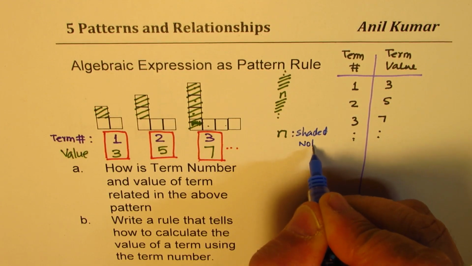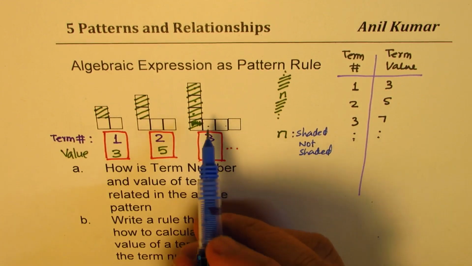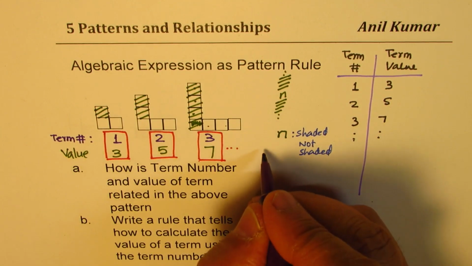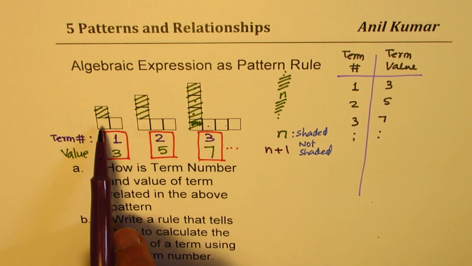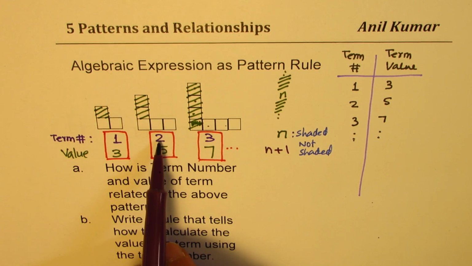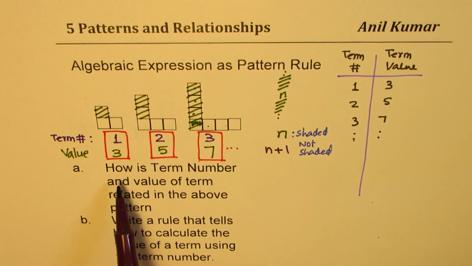And not shaded is how many? If you relate with this number, it is 1 more. So what we find here is n plus 1 is not shaded. Do you get the idea? When n is 1, 2 are not shaded. In this case, 3 are not shaded. 1 more than 2, 1 more than 3 has not been shaded. Correct? So now let's look into the question.